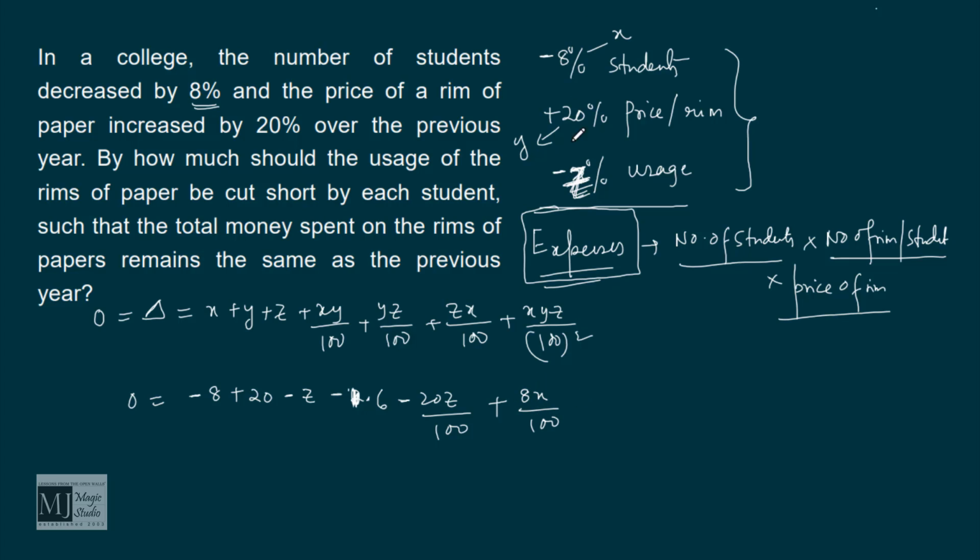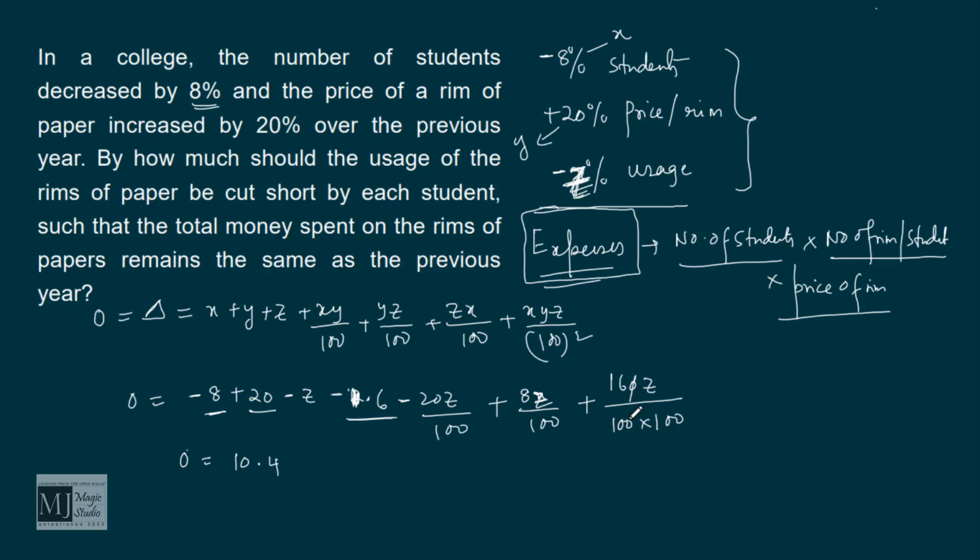And then minus into minus plus plus, that would be 160z by 100 into 100. Okay, so let's calculate. 20 minus 8 is 12. 12 minus 1.6 is 10.4, isn't it? So that would be 0 equals to 10.4. Now, why I have written x? It should be z.